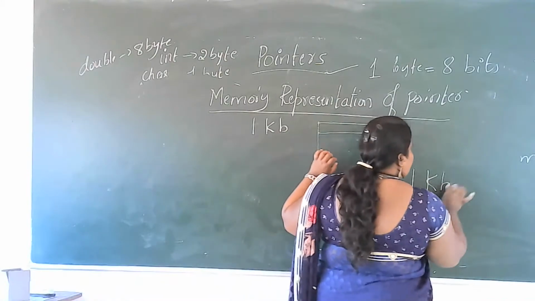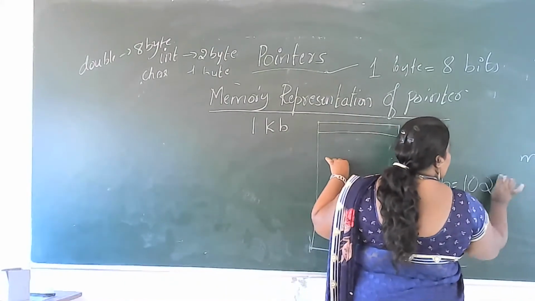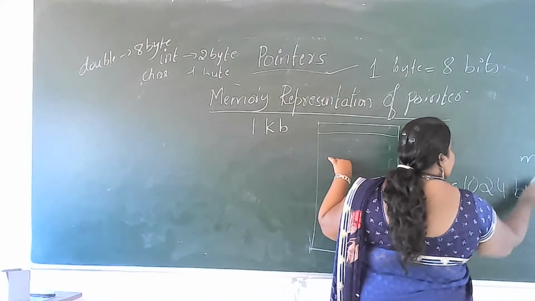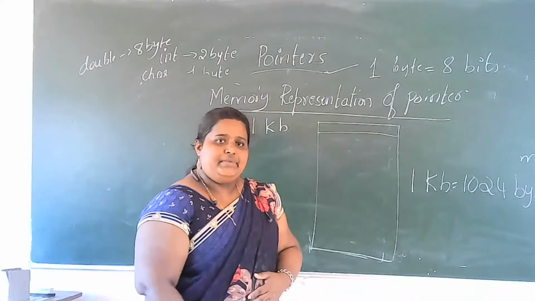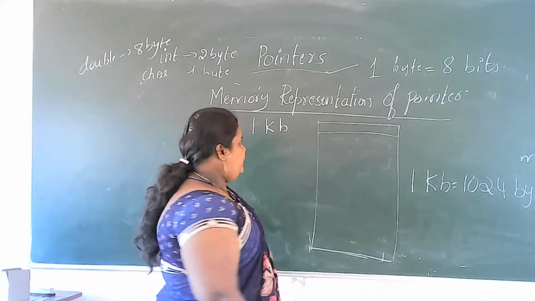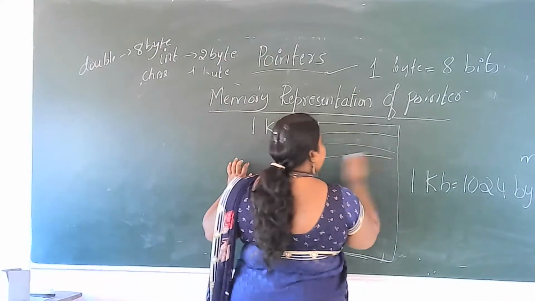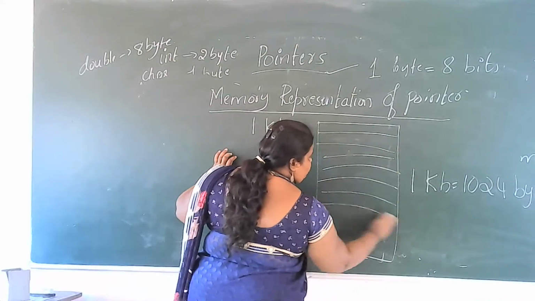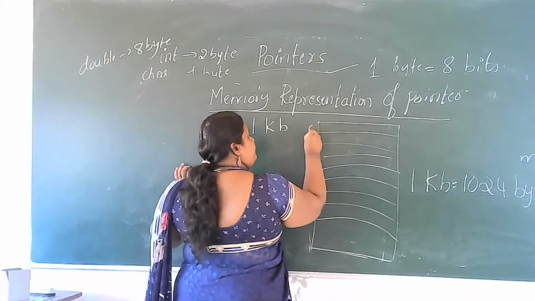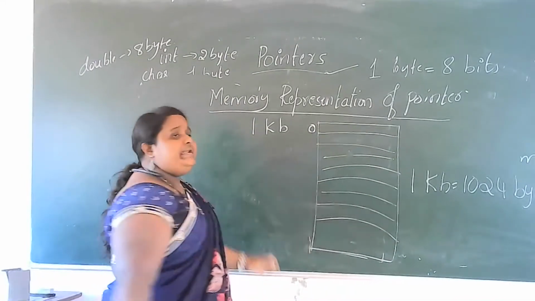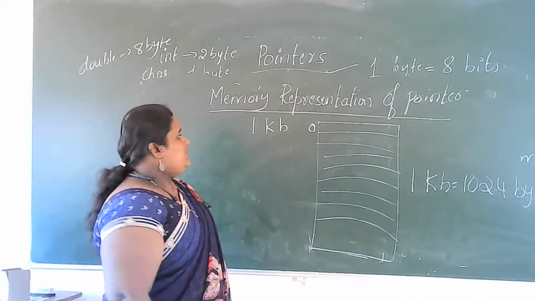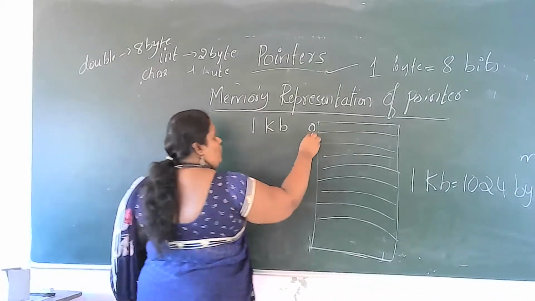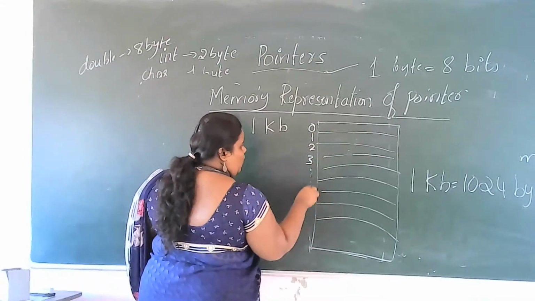1 KB means 1024 bytes. There will be continuous memory blocks and the memory index starts with 0, 1, 2, 3, and so on.